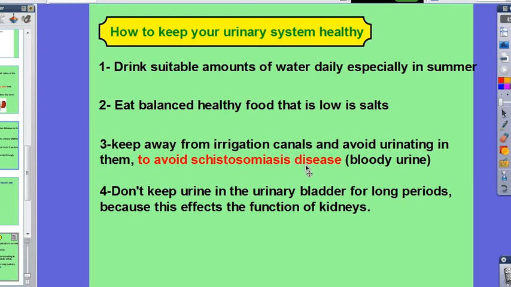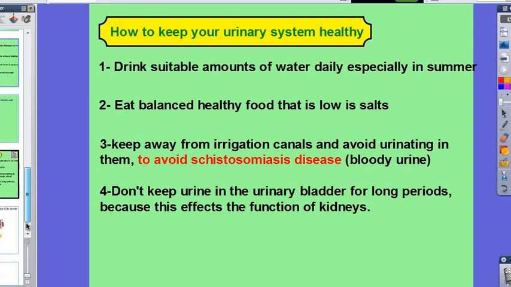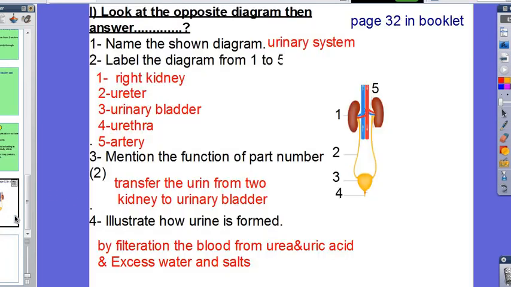This causes bloody urine. Don't keep urine in our urinary bladder for a long time, because it affects the function of the kidney. And this is the most important point in our lesson for today, and thank you.